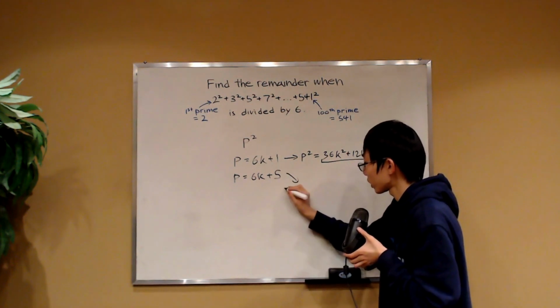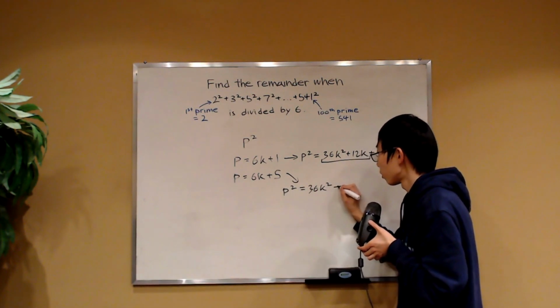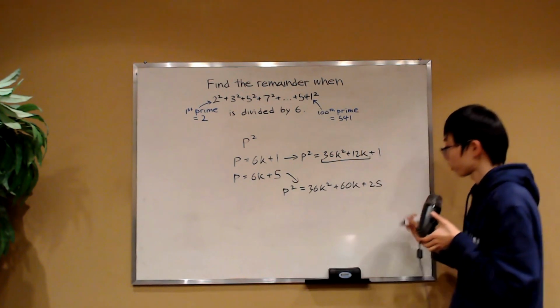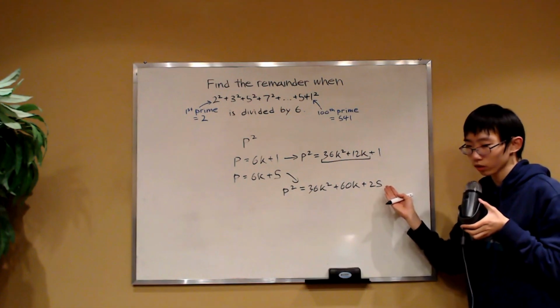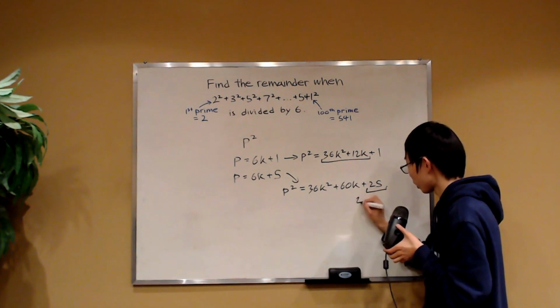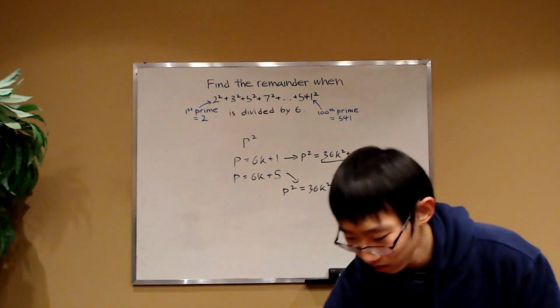If we square both sides of the equation, we get p squared is equal to 36k squared plus 60k plus 25. Well, firstly, 25 might look like a big number. But if you consider splitting up 25 as 24 plus 1, then take a look at this.